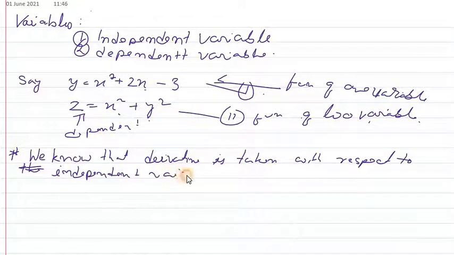So if you have y equal to x squared plus 2x minus 3, to talk about the derivative, you have to find the derivative of y with respect to x. Now in this case, z depends on two variables, so we cannot talk about the ordinary derivative here.